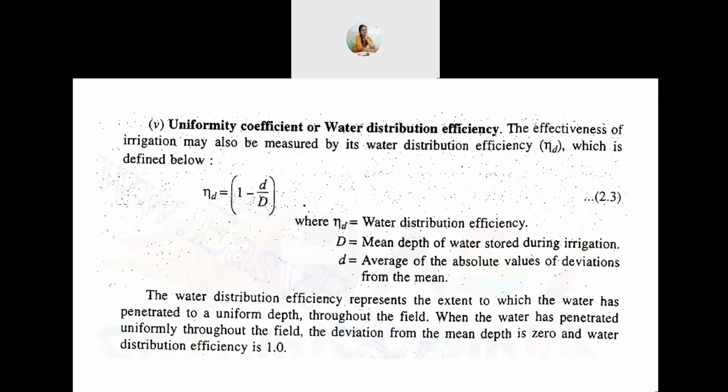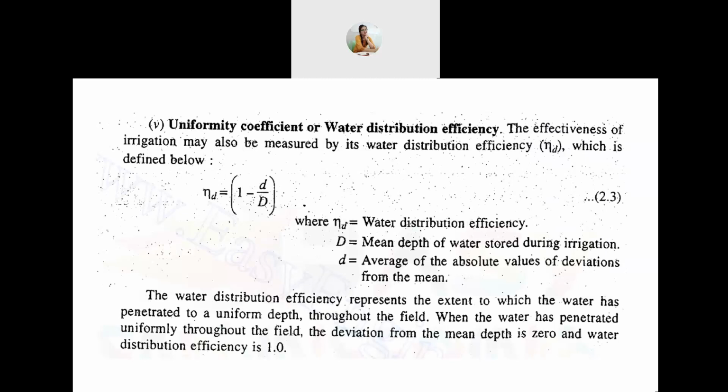Number 5 is uniformity coefficient or water distribution efficiency, and it is important, so just go through it. The effectiveness of irrigation may also be measured by its water distribution efficiency, which is denoted by efficiency suffix small d. D represents water distribution, which is defined below.